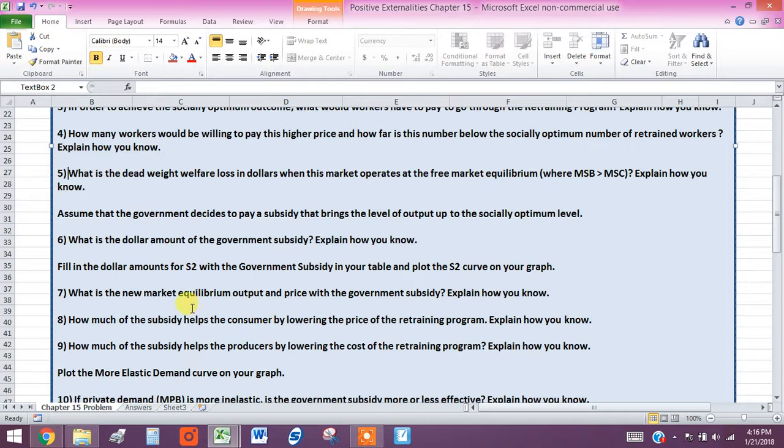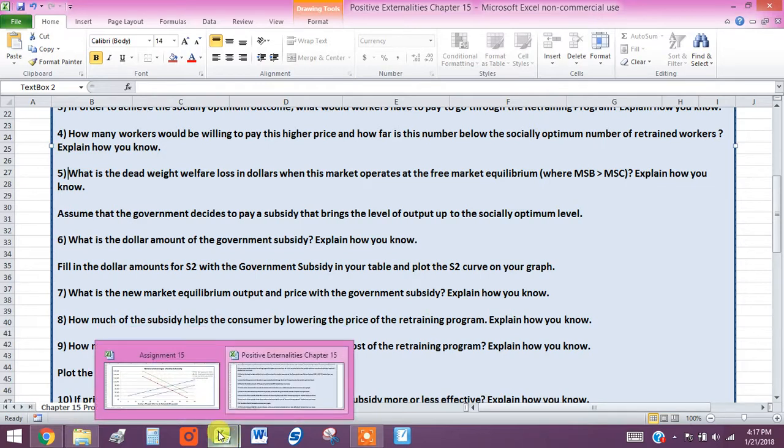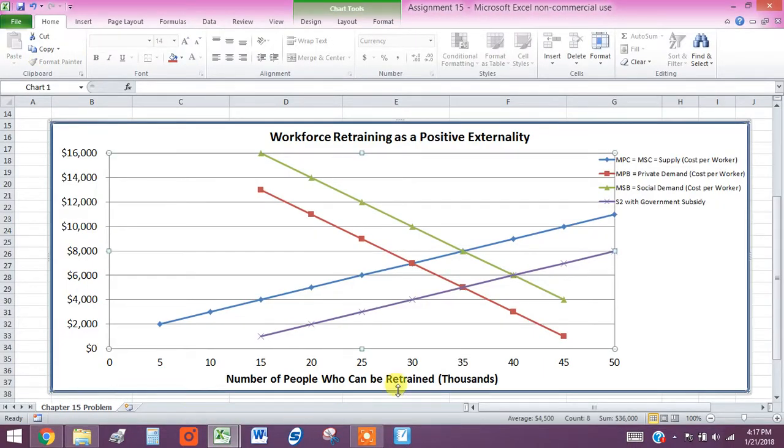So now I'm asking you, what is the new market equilibrium output and price with the government subsidy? Explain how you know. Well, it's going to be where the new supply S2 crosses the private demand right here.